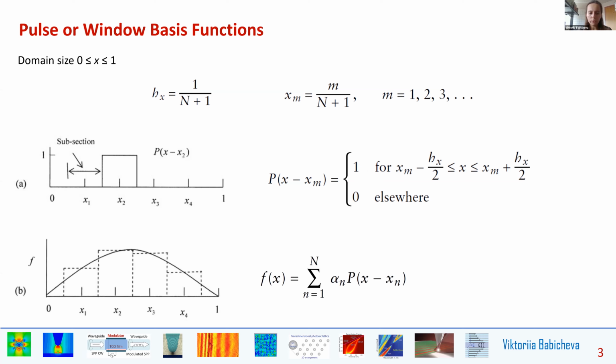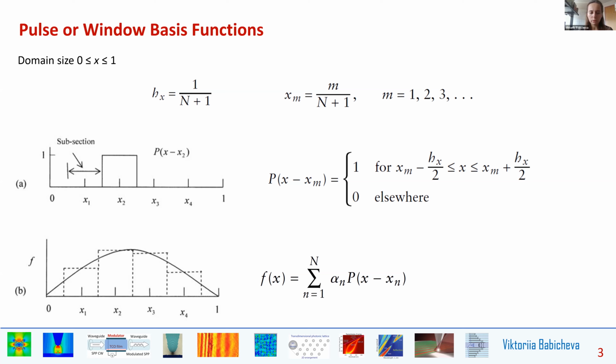And then a linear combination of pulse functions according to this formula can be used just as a step or staircase approximation of this function. So you can see here is some kind of function, and if we use these 4 regions, then we can have it approximated with these steps.